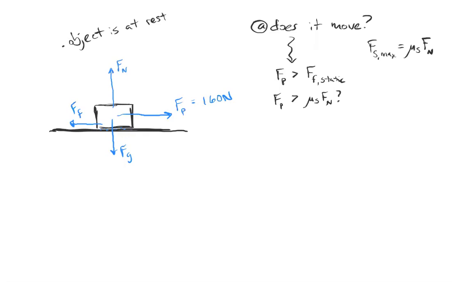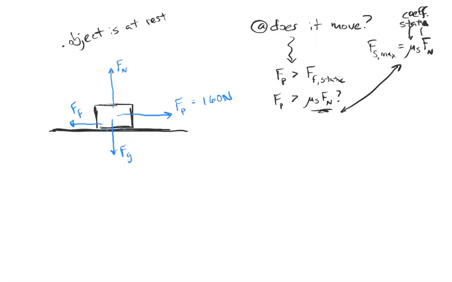Now, a couple of things there. If you haven't seen the video on friction, then maybe this looks unfamiliar. So that this is corresponding to that. This mu s is the coefficient of static friction.